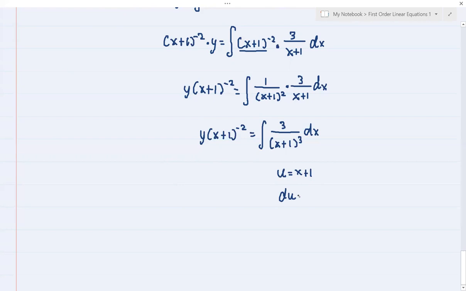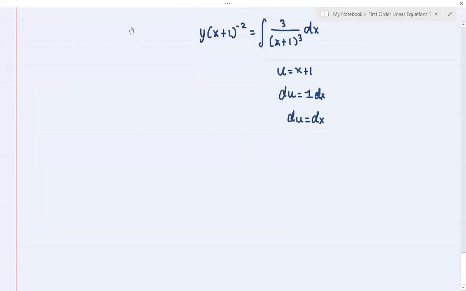Then let's get the derivative of your u. So I will have 1 dx, or since it's 1 times dx, we can just rewrite this as dx. So therefore, we have du is equal to dx. So let's now substitute.